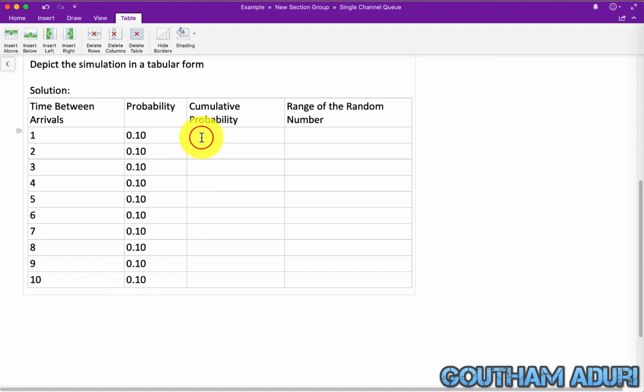Cumulative probability is nothing but adding to the previous values: 0.10, 0.20, 0.30, 0.40. I'm just adding the previous value, so it's easy to understand.